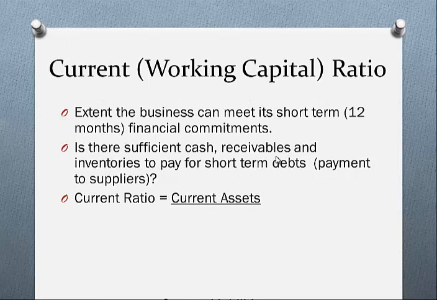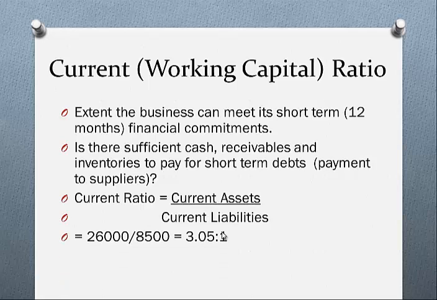The current ratio is calculated by taking the current assets and simply dividing by the current liabilities. Here's a quick example. 26,000 is the current assets, divide that by 8,500, and we have a ratio in this instance of 3.05 to 1.